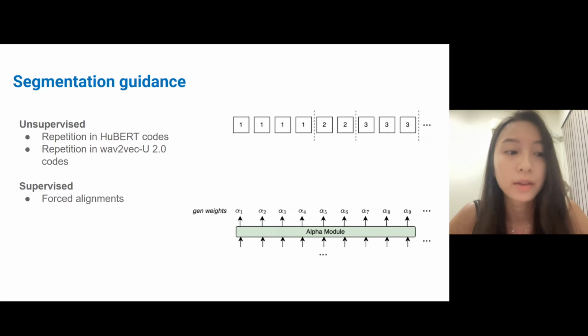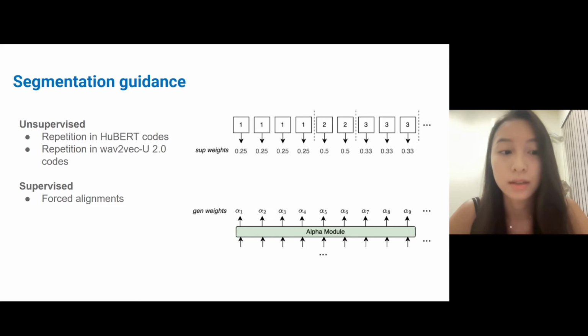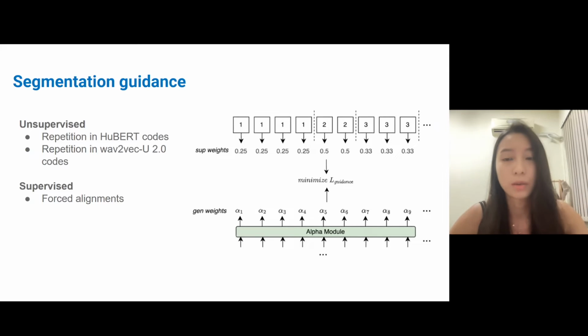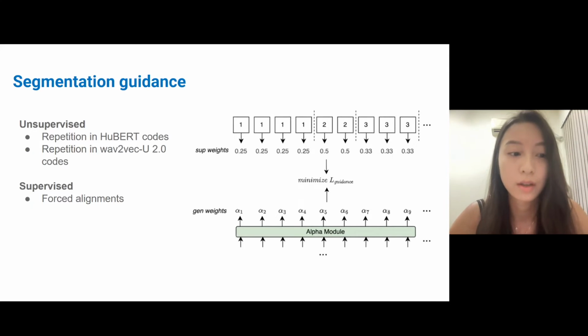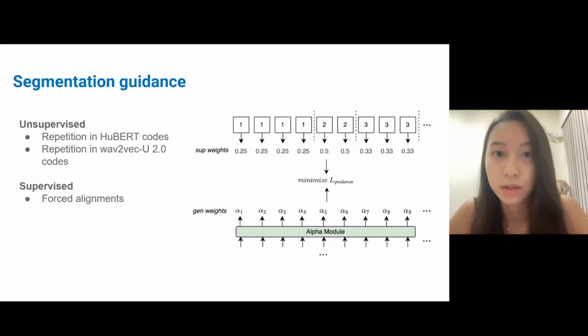And then we generate weights for supervision based on the boundaries, having equal weights within each segment. With the supervision weights, we minimize a frame-based and a segment-based loss between the supervision weights and the weights generated by the alpha module. For the unsupervised boundaries, we explore HuBERT codes and the unsupervised ASR codes. And we also tested the effect of using forced alignment as our segmentation guidance.